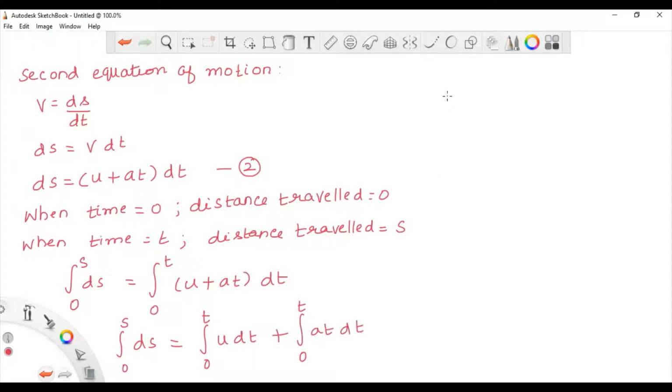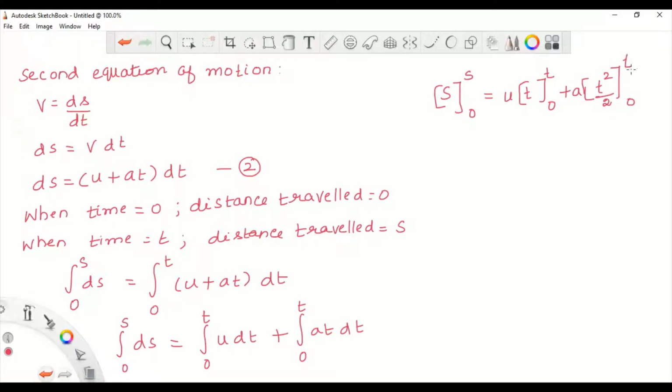So when you integrate ds, you will get s between the limits 0 and s is equal to, you cannot integrate u. When you integrate dt, you will get t between the limits again 0 to t plus again this a cannot be integrated, only we are going to integrate t. When you integrate t, you will get, so keep a as it is, t square divided by 2 between the limit 0 and t.